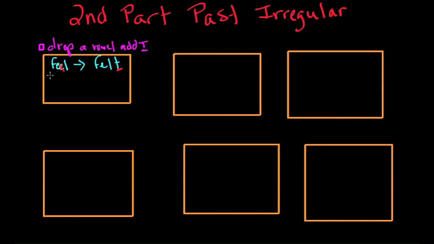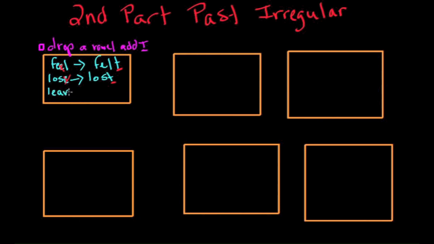Let me give you another one. Lose. Everyone remembers this because it's a very famous television series. Changes to lost. Here again you can see we dropped this E here at the end and we added a T. I'll give you one more example for this category.